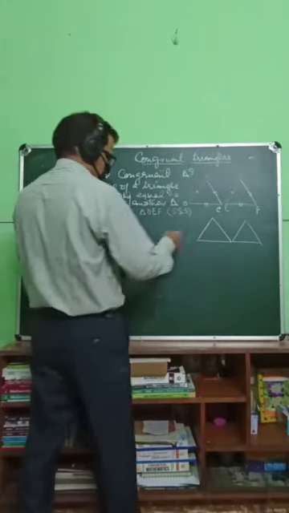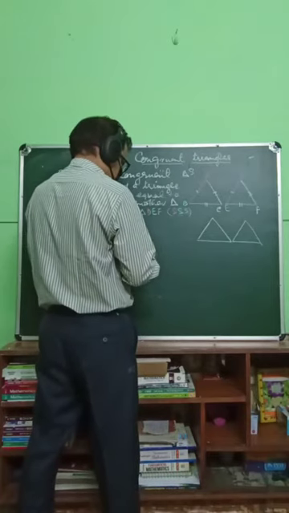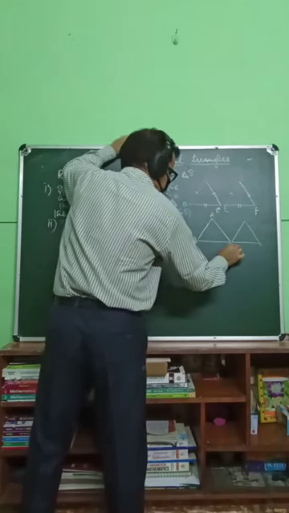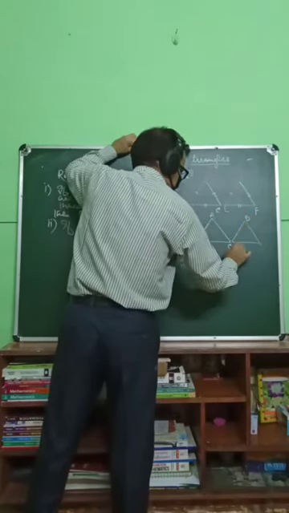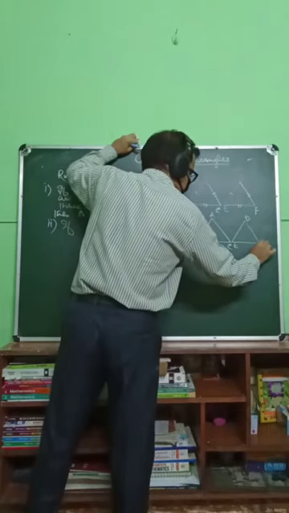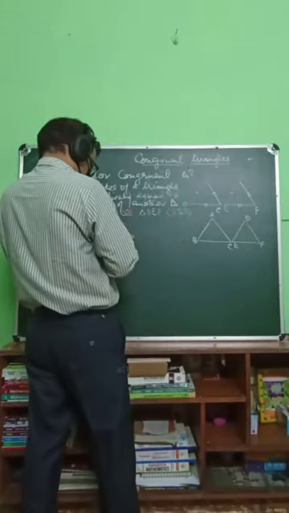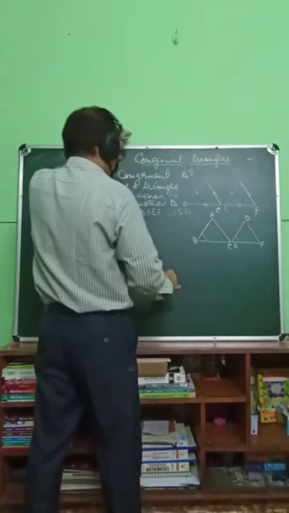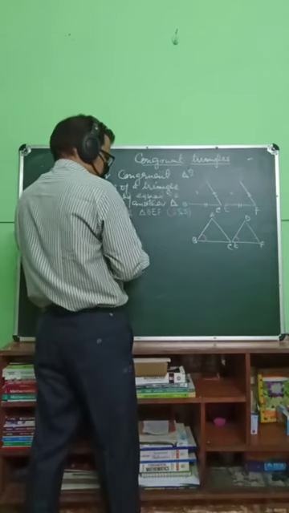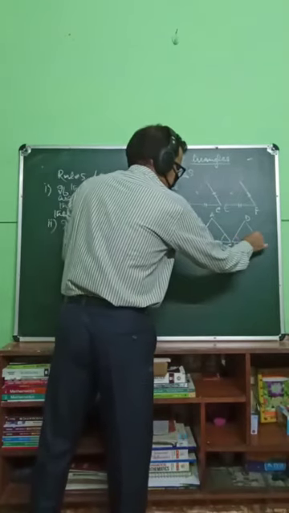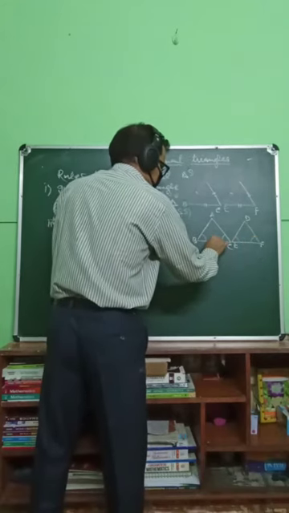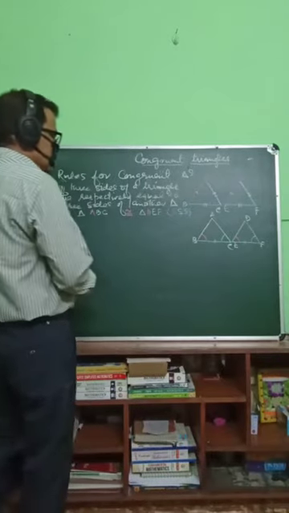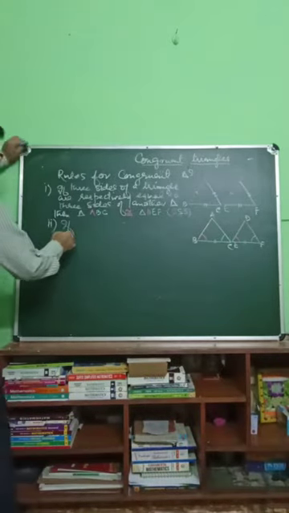Here it is A, this is B, this is C, this is D, this is E, and this is F. If this angle they are equal, then this angle they are equal, and their included side, this side equal, then triangles are congruent by angle side angle.